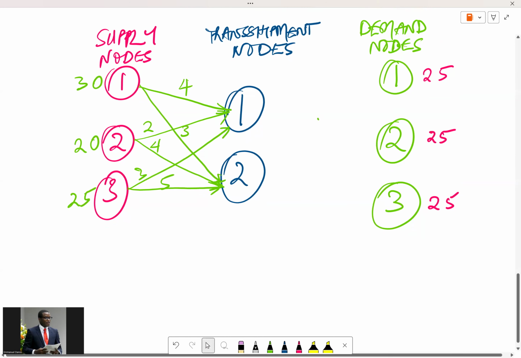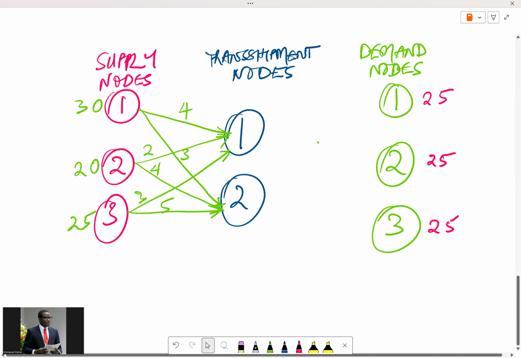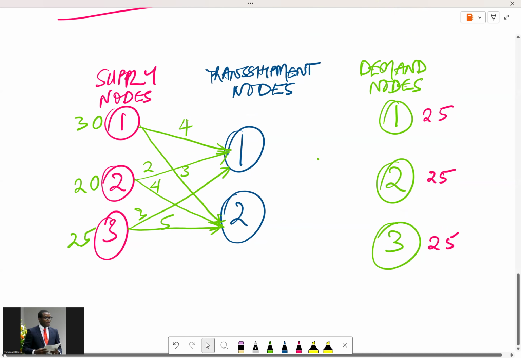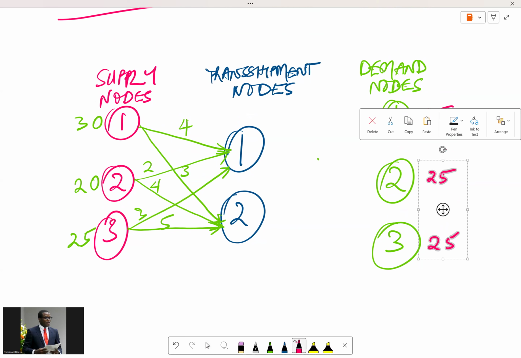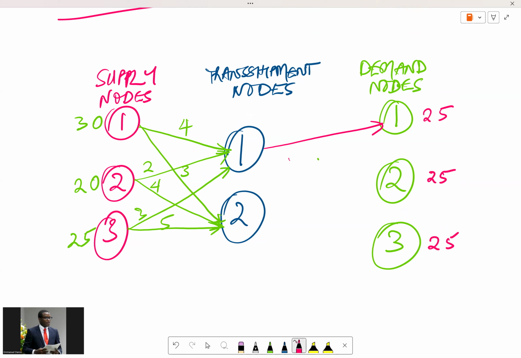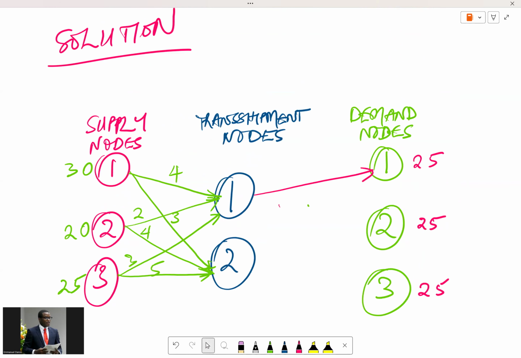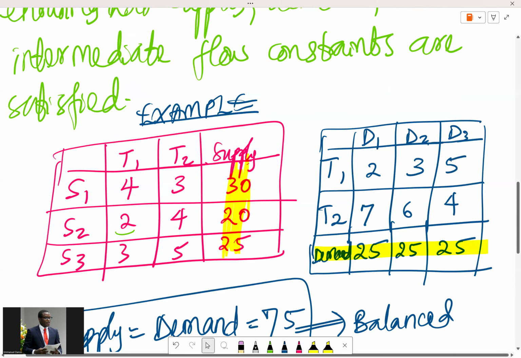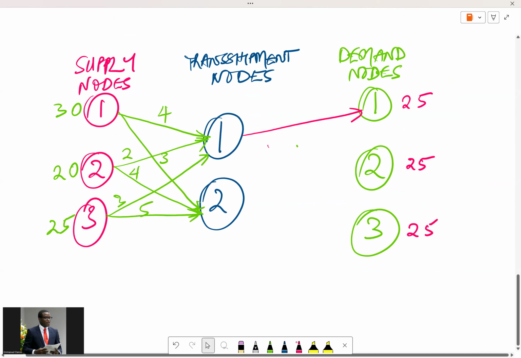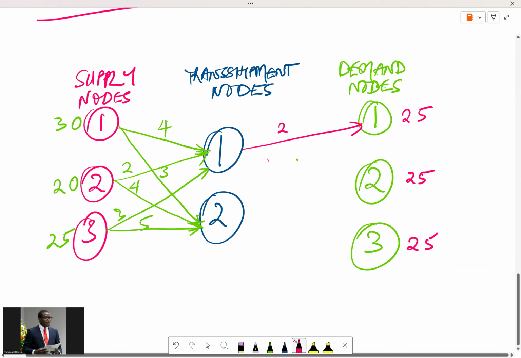Now, what if we ship from transshipment node 1 to demand node 1? The cost in that case is $2. From 1 to 2, that is $3.